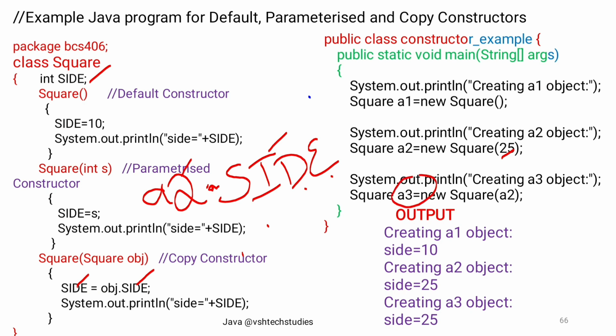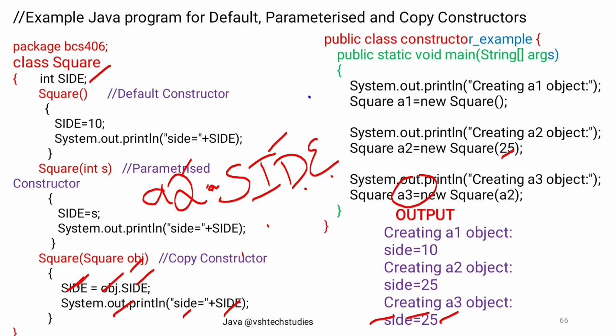Okay. So the next instruction in the copy constructor is System.out.println, that is "side equal to", within double quotes, hence it will be printed as it is. So then the side value, so it is 25. So that of a2 was taken here, it was initialized to the data field of a3, hence this is printed.